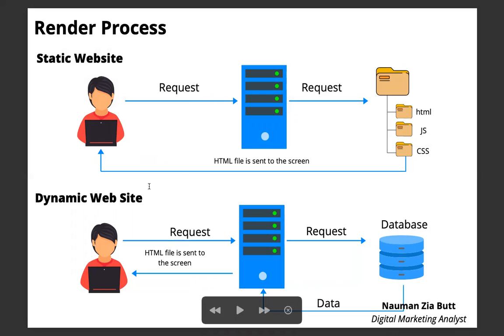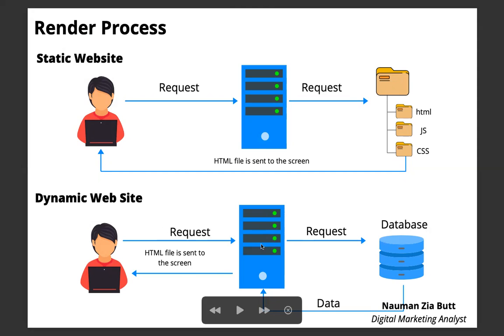But once someone requests a dynamic website, there's a very huge request and a very huge process here. The request goes to the server first of all, and the server sends another request to the database, and the database digs up all the data files and sends them back to the server, and the server CPU processes all the files and renders them, and then sends it back to your screen.